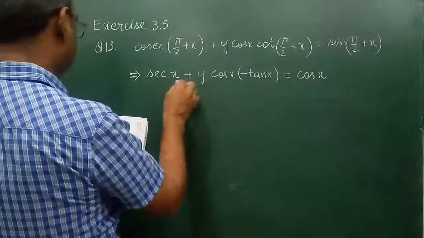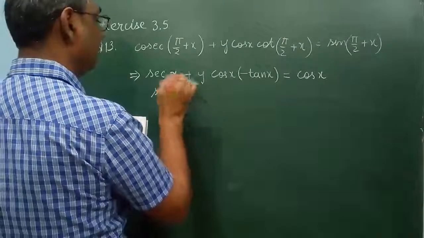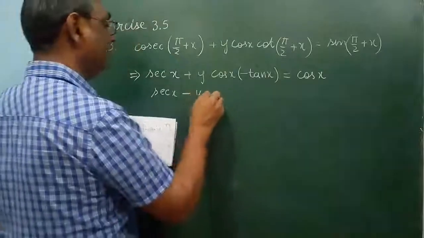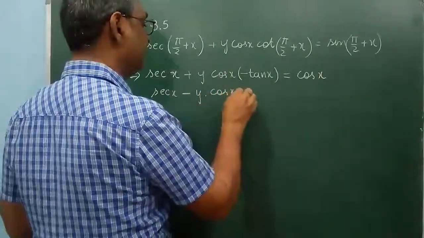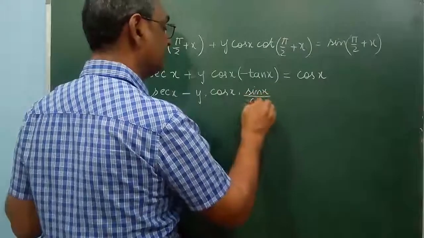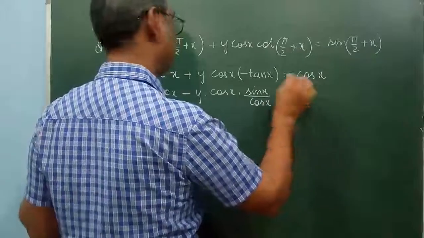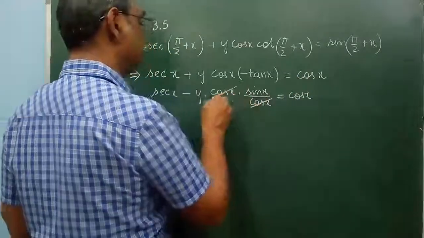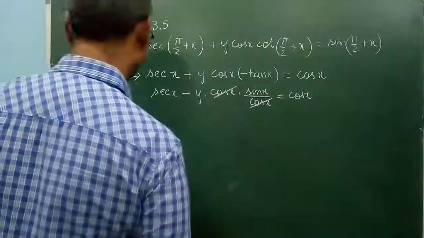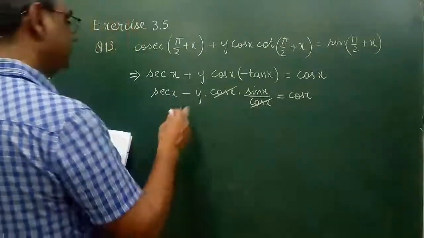Now this is sec x minus y cos x into sin x upon cos x, since tan x is sin x upon cos x, is equal to cos x. This can be cancelled. Correct. So what have we got?